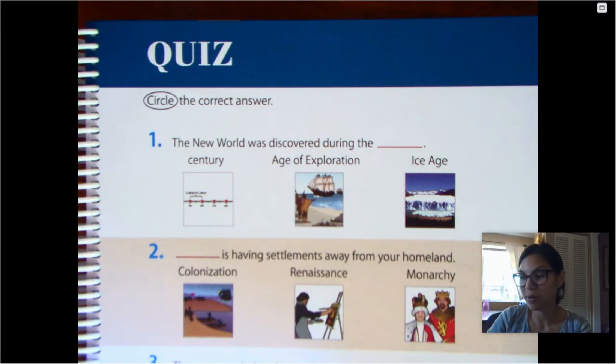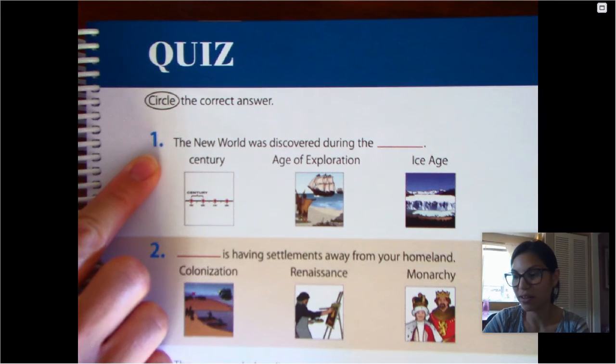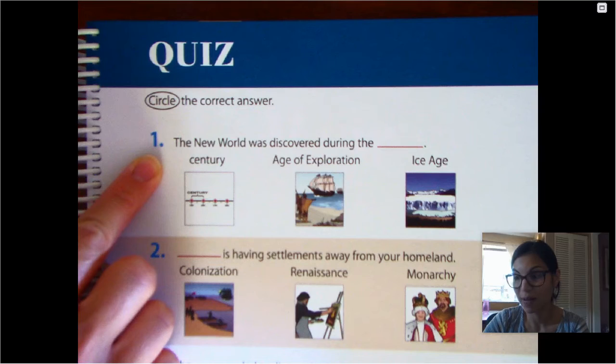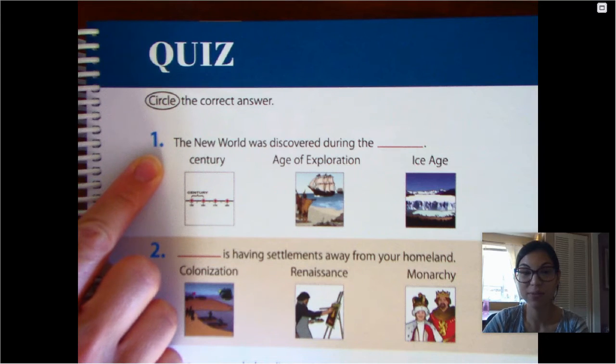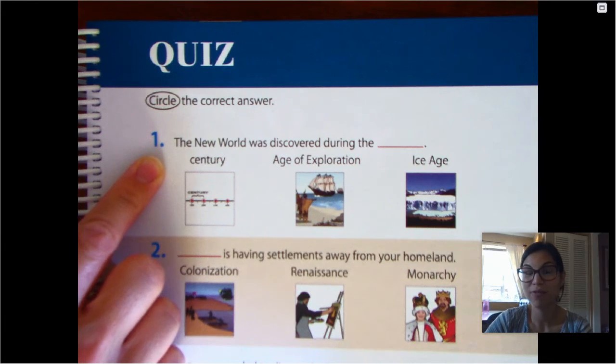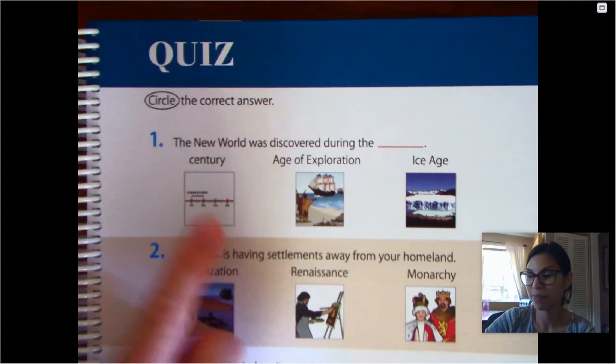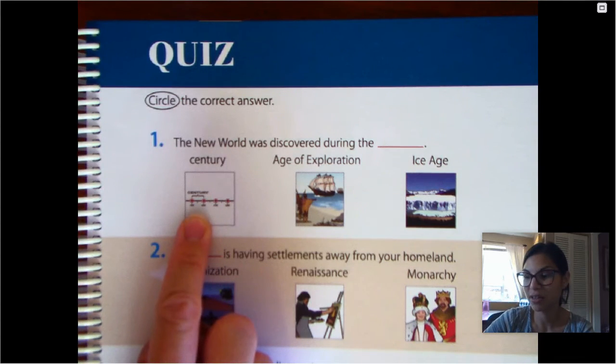The first question I want you to answer is number 1: the New World was discovered during the blank. It was the first thing we talked about. I want you to look at the pictures as I read the words and look for a picture of someone making a voyage across the sea. Is it century?